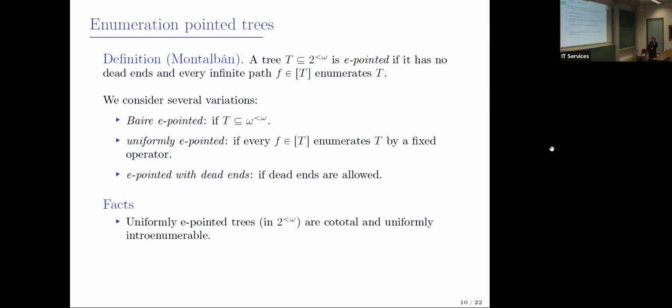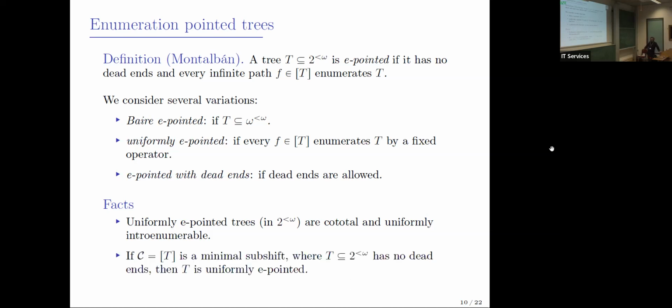Now, very simple compactness arguments, like the ones from a couple of slides ago, show you that uniformly e-pointed trees are in fact cototal and uniformly introenumerable. And that's not unrelated to the fact that languages of minimal subshifts have these properties, because if you take a minimal subshift C, which is the set of paths through some tree T with no dead ends, then T is uniformly e-pointed.